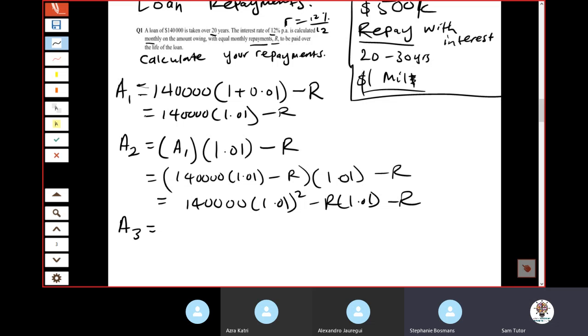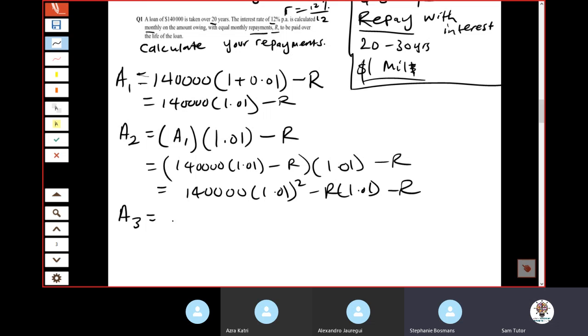This is the end of January, right? Now, what happens at the beginning of February? Well, the beginning of February would be exactly the same as the end of January, so A1. Then at the end of February, it would have grown by 1.01, and just before the end of February, what must we do? Make our repayment, minus R. And that's the math.